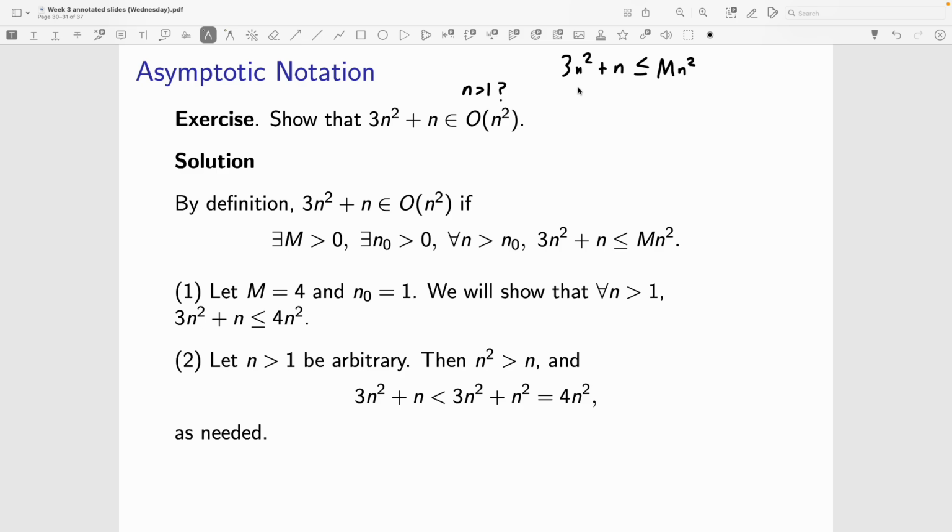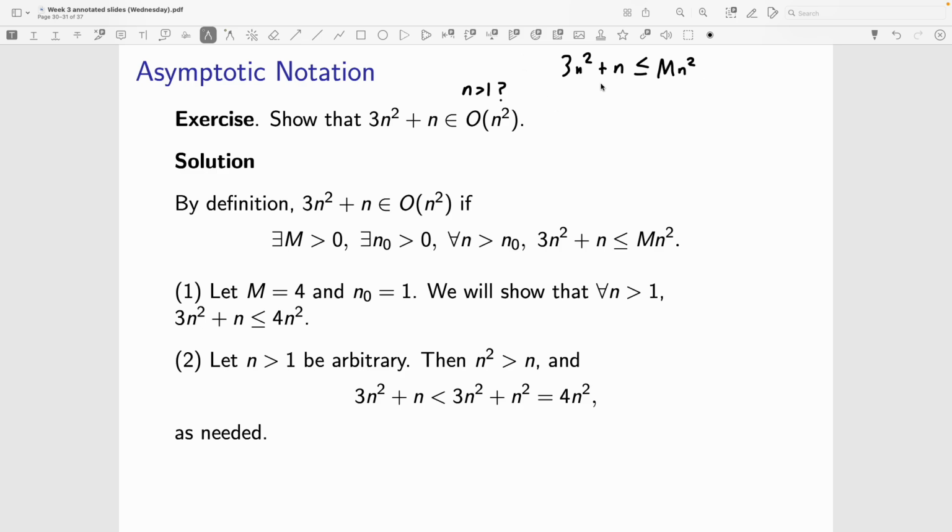I want to find something that is greater than 3n squared plus n that is more easy to compare to mn squared. And then I want to find that simplified expression and show that it's less than mn squared, because showing that inequality will imply the original inequality.